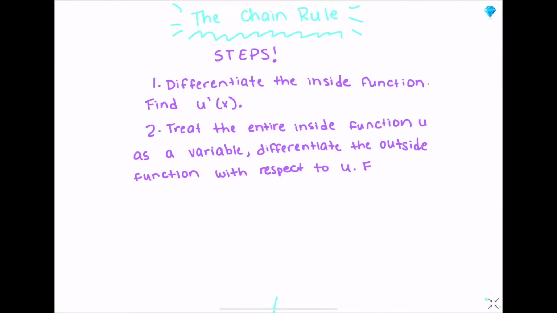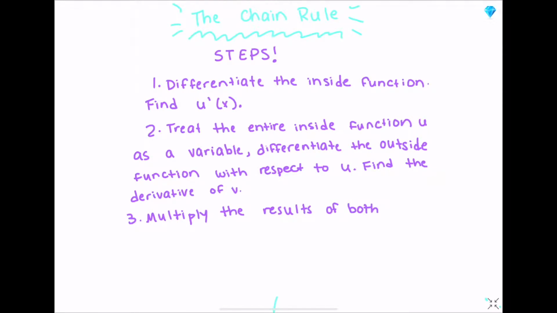So basically you're finding v prime, the derivative of the outside function, of u. And then you're going to multiply the results of both of these derivatives. An example of this is h prime of x equals u prime of x times v prime of u of x.